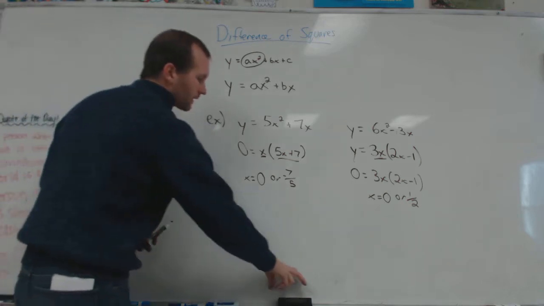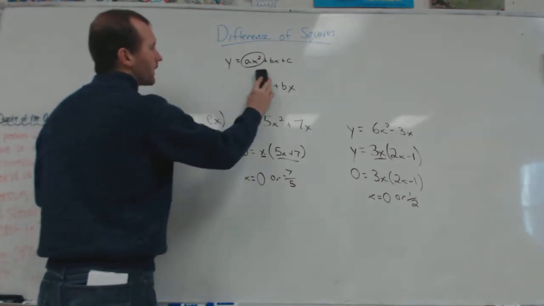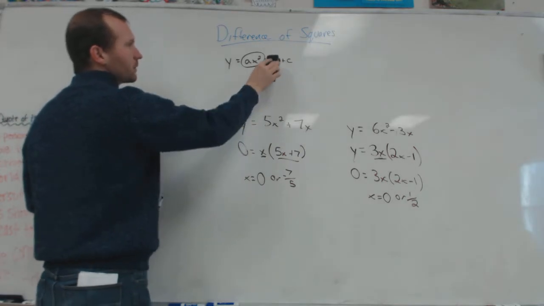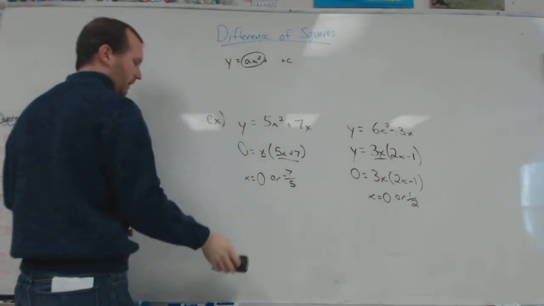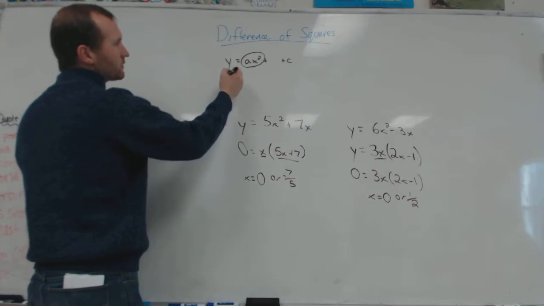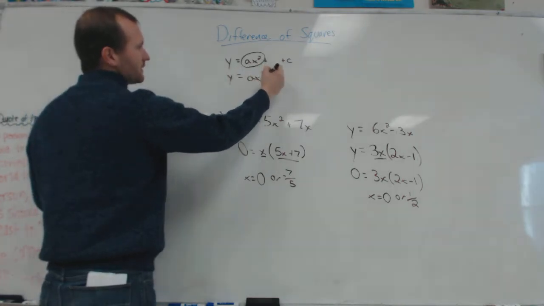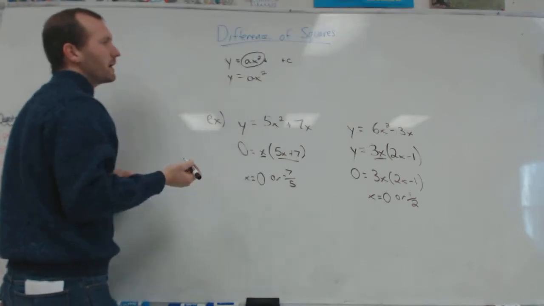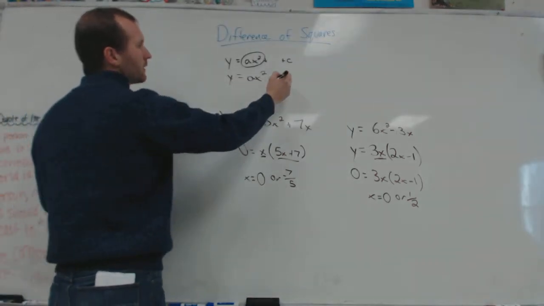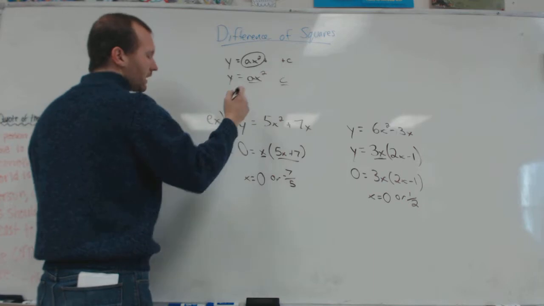So today we're going to look at another form. What if instead of getting rid of that c term, we get rid of this middle term? And these are slightly trickier, but once you start to see this pattern, you're going to love these as much as I do. So what if I have ax squared and c, and I have nothing in between?